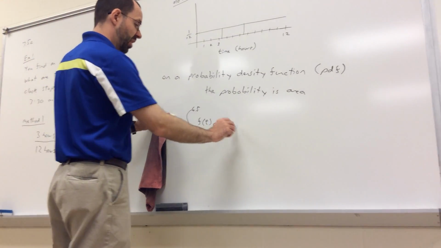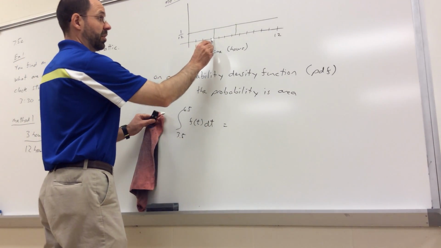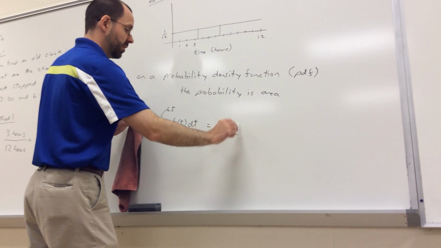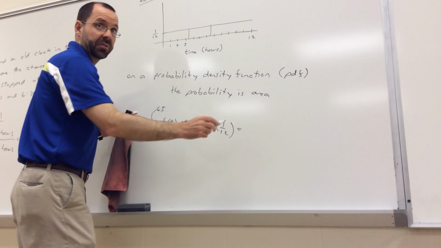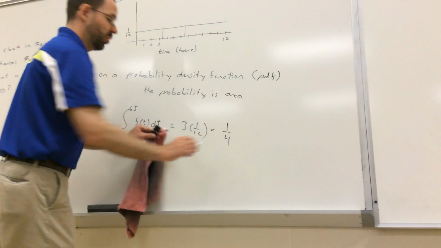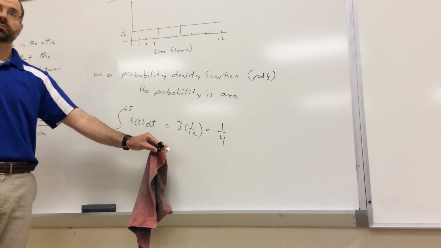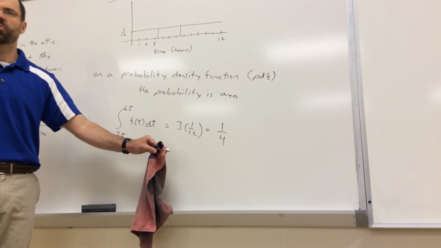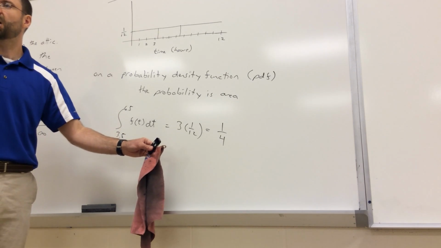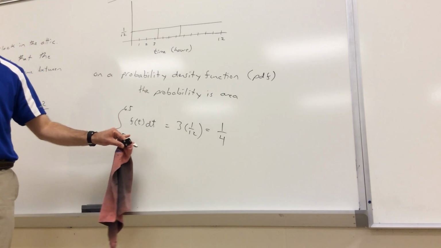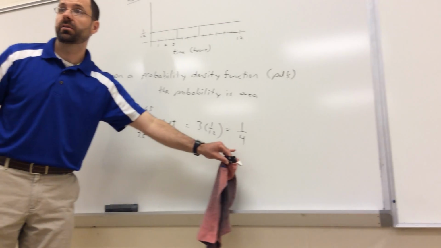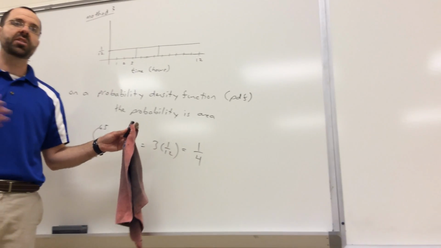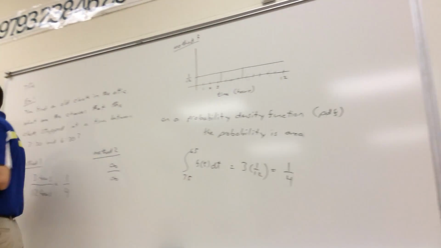And that's easy on this problem because it's just a width of 3 times a height of 1/12, which is 3/12, which reduces to 1/4. So we already knew 1/4 was the right answer, but now we're making up this new concept of area being probability. And that's what a probability density function is. It's a function under which you take area and get probability.